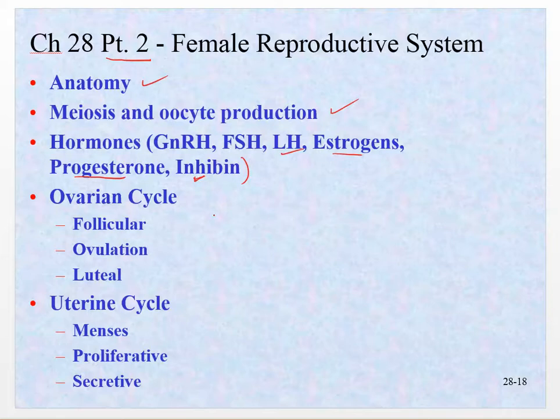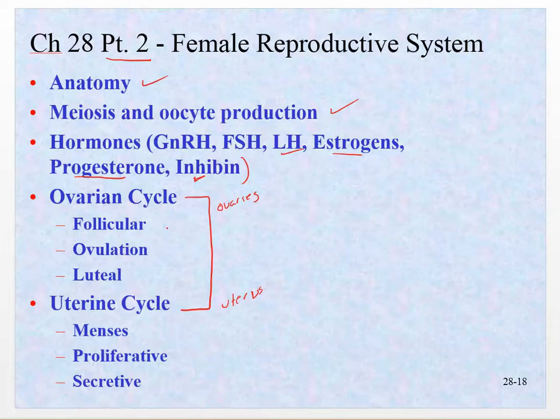Okay, so usually we know that the reproductive system of females is cyclical, and really there are 2 different cycles going on. Of course, they're going on at the same time and they depend on each other, but there's the ovarian cycle, which is taking place in the ovaries, and the uterine cycle, which is taking place in the uterus. The ovarian cycle is where the oocyte develops, and then ovulation takes place and it leaves.